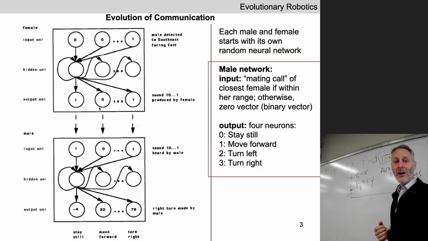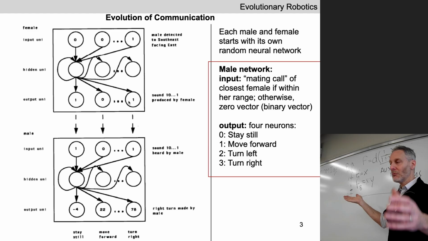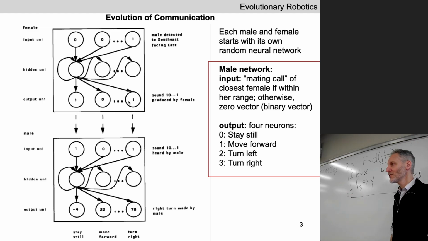Okay, what is this binary vector? This is that female's song. So the song or sound produced by this female at this time step is emitting the song 1 0 1 0 0 1 1 0 1 0 1 1 0 1, whatever it is. It's an arbitrary song.